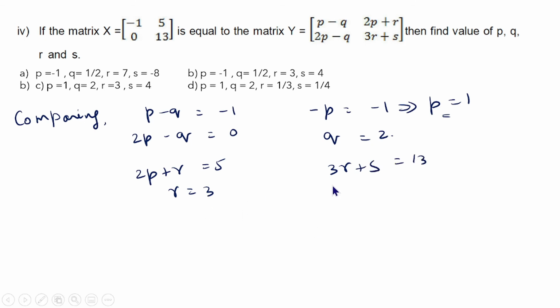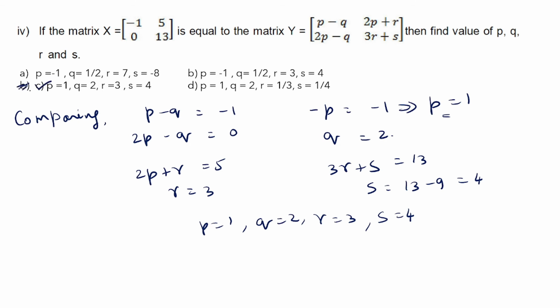We can substitute R as 3. So we get S is equal to 13 minus 9, which is 4. So we get P is equal to 1, Q is equal to 2, R is equal to 3 and S is equal to 4. So the correct option is option B. I'm sorry, this is option C. This is not there.